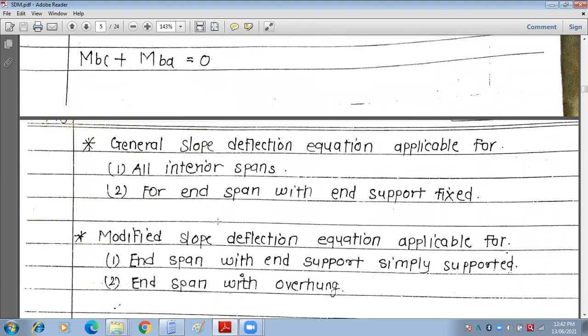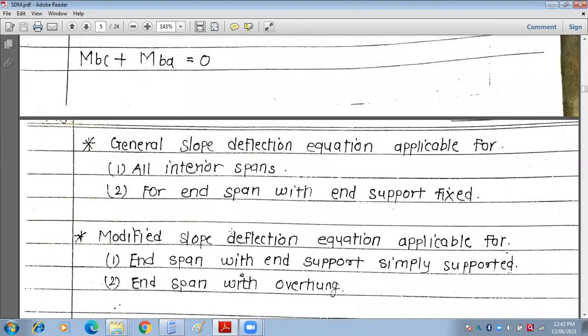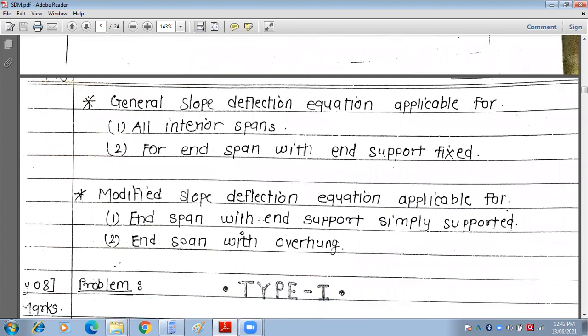In that situation, the general formula is used, and all these modified formulas are applicable when the end span with the end support is simply supported and the end span with the overhang. For these two situations, these modified formulas are used.